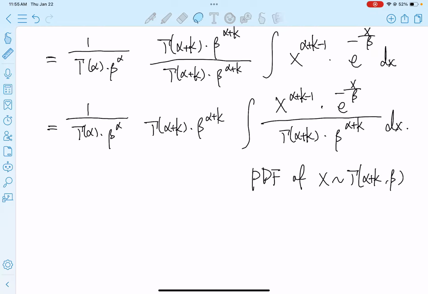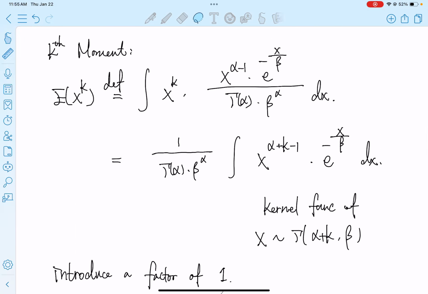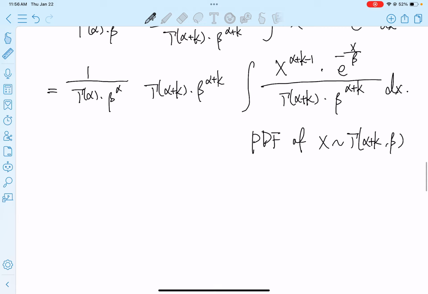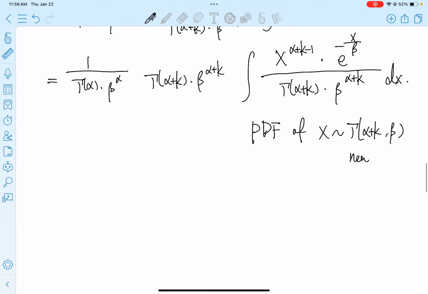Okay, so what we started with is that we want to calculate the kth moment of x following a gamma distribution alpha beta. But now, by introducing a factor of 1 by construction, inside the integral is the probability density function of x following a gamma distribution. This is your new parameters.